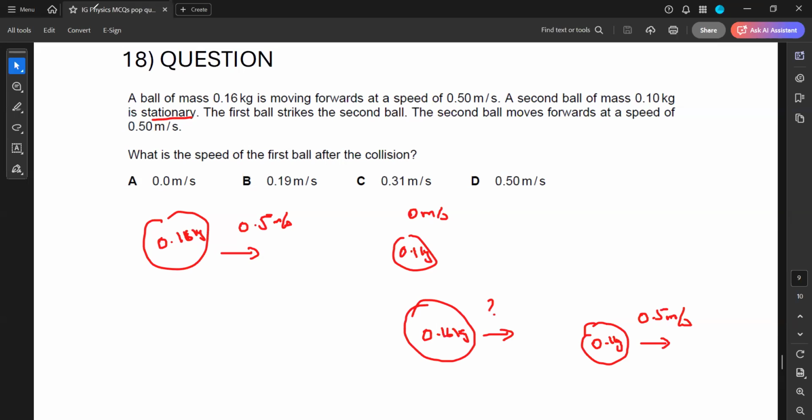If the impulse is given, they will have the same impulse but in opposite direction. So the total momentum before is equal to total momentum after.